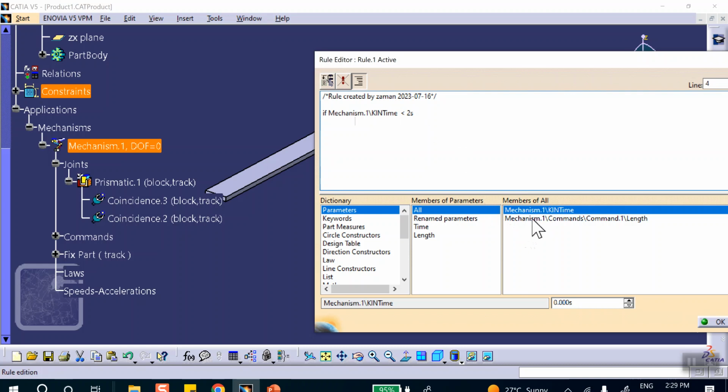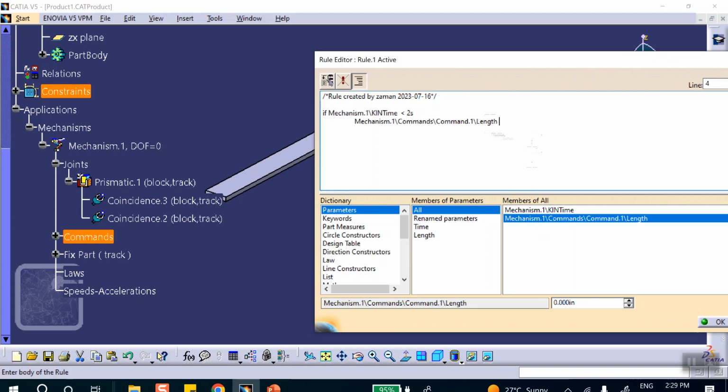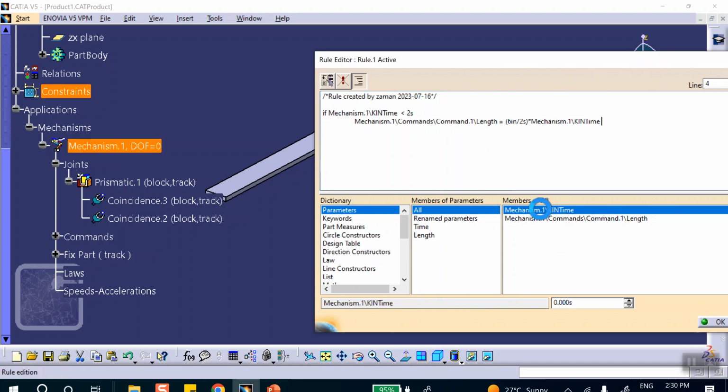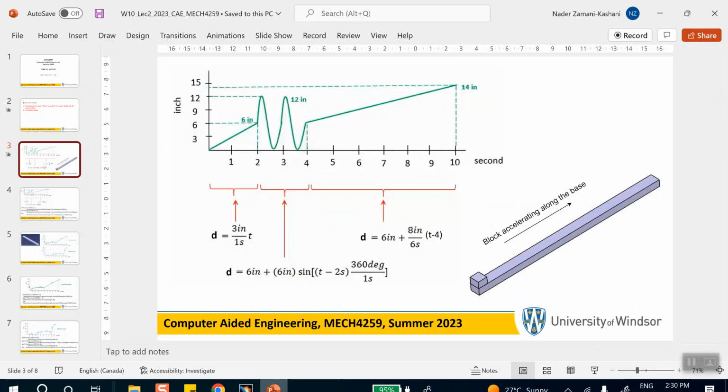Okay, and then if that is the case, then the length is equal to the speed, which was 6 inches divided by 2s. Can I write it as 3 inches over 1s? Yes. Can I write it as 6 inches underscore 2s? No, because we already know these things. Times a time, right there. Let's make sure that it is 6 inches over 2-second period.